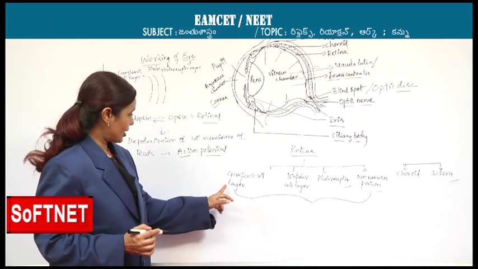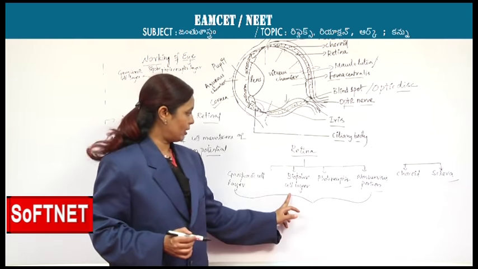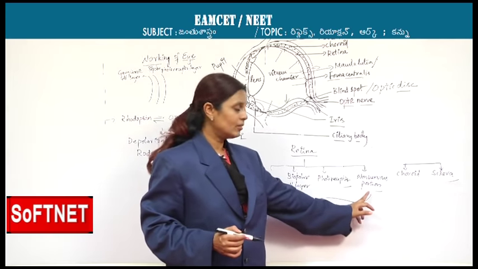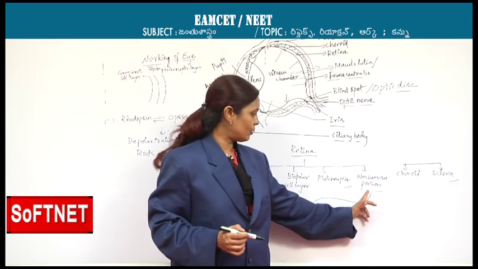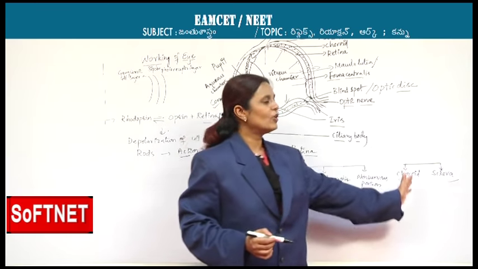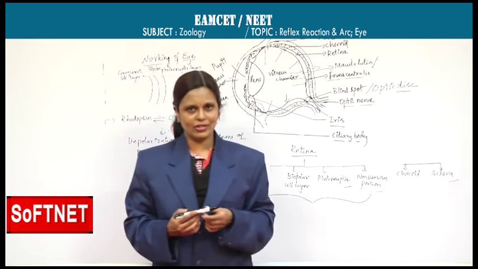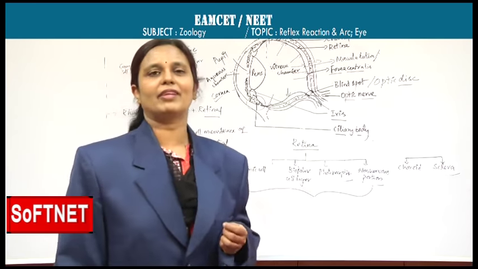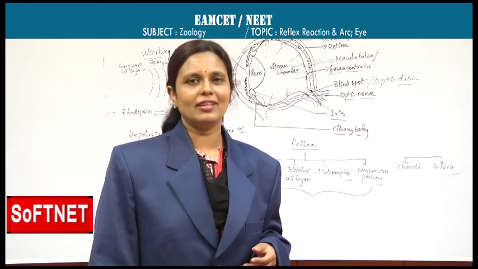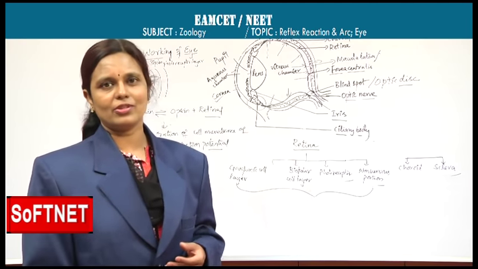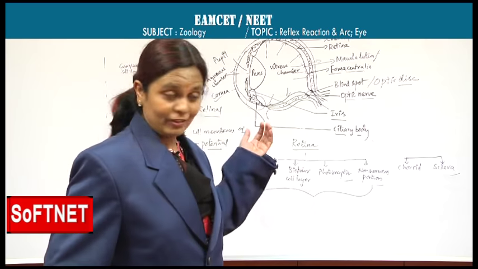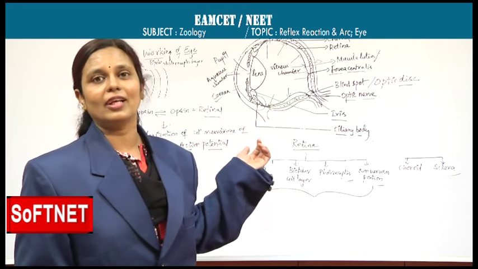From inside to outside: ganglionic cell layer, bipolar layer, photoreceptor layer, followed by the non-visual portion of the retina. Then it is choroid and sclera. This is a sequence question. We learnt about reflex action and reflex arc, sensory perception, processing and response, and also structure and working of the eye.